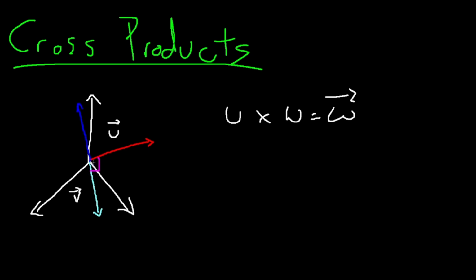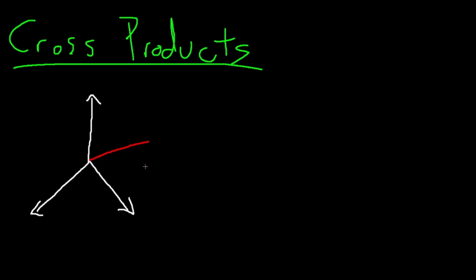And that's considering 3D. So this is going to be 90 degrees, and then this would be 90 degrees too, like that. And that's what cross products basically tell us. So now I'm going to show you how to find the cross product of two vectors.